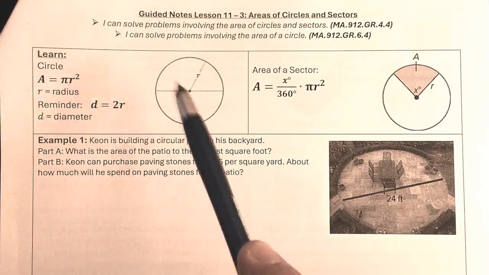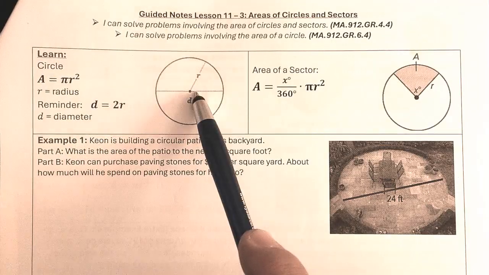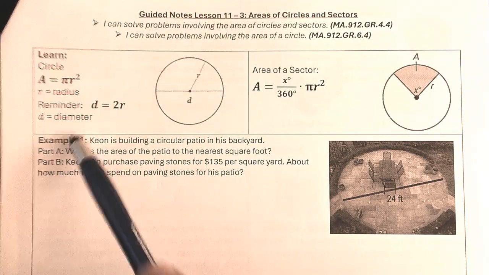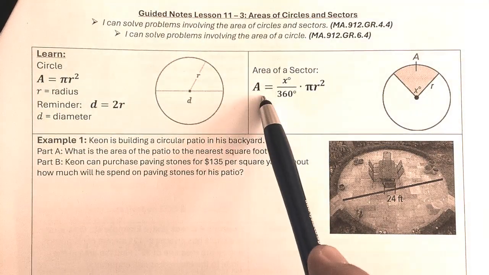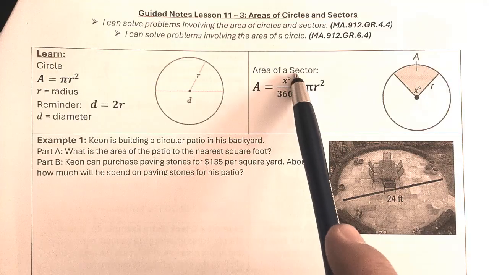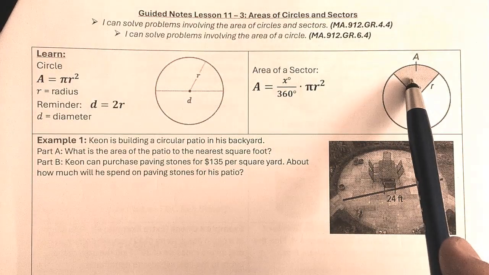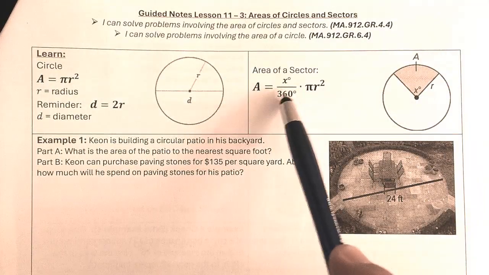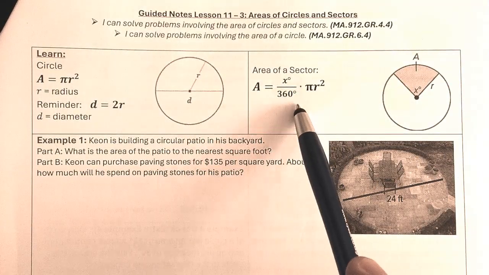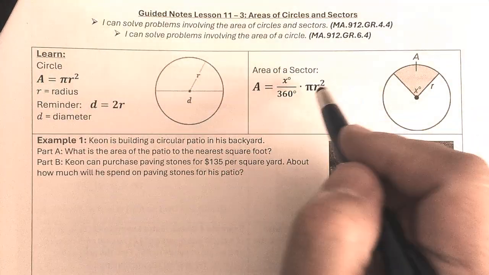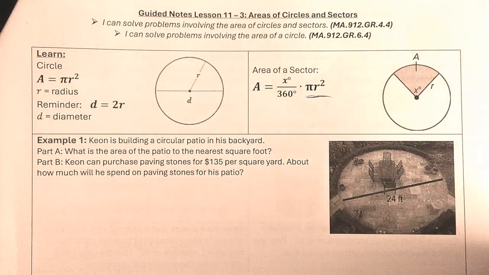R is the radius, the diameter is 2 times the radius, and D is the diameter. Area of a sector is the sector degrees over 360. Like if this was 90, it'd be 90 over 360 times pi r squared. Or you can just find the whole area and then multiply it by this.